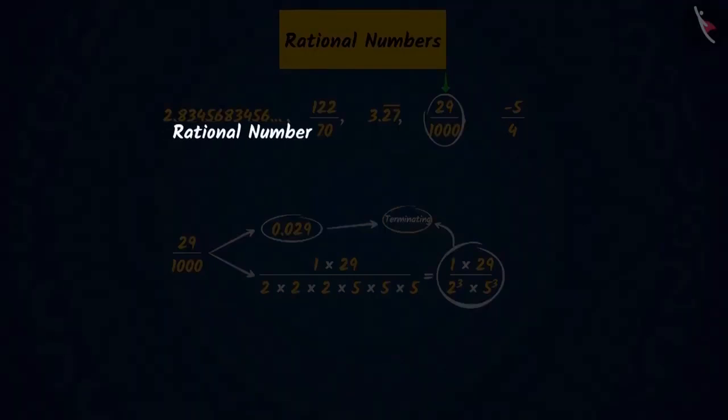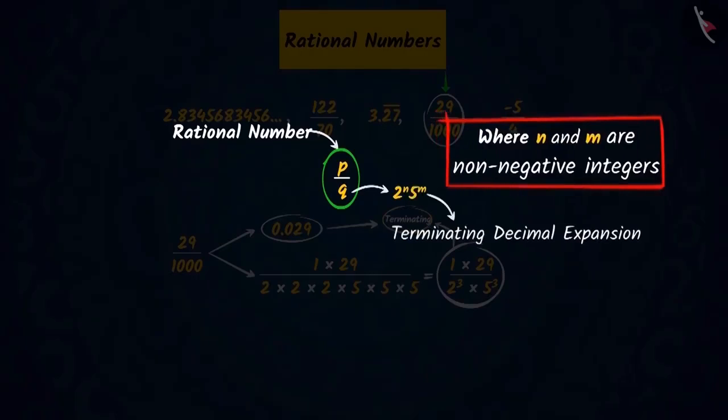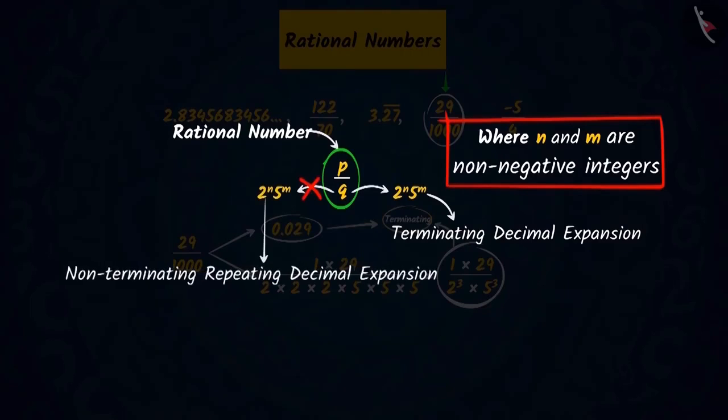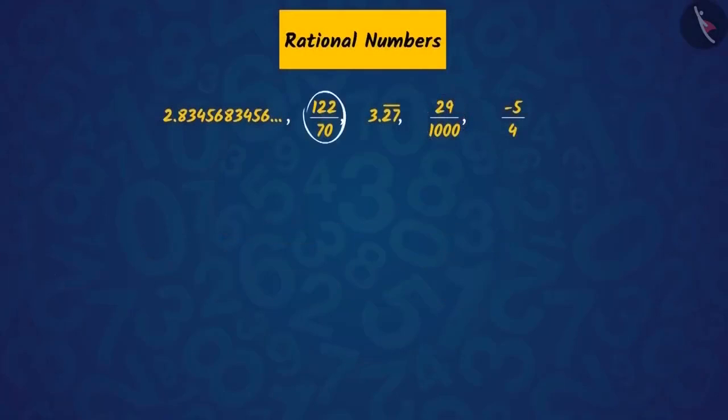Because we learned that in a rational number, p upon q, if q is in the form of 2 raised to n into 5 raised to m, the decimal expansion of such a rational number will be terminating. And if q is not in the form of 2 raised to n into 5 raised to m, the decimal expansion of such a rational number will be non-terminating, repeating, as you can see in this number.